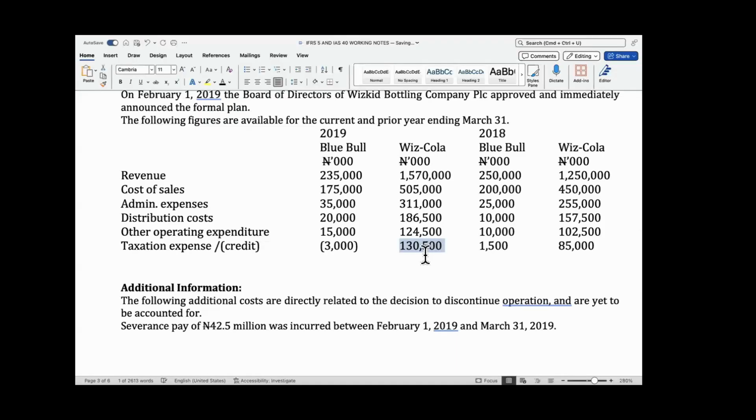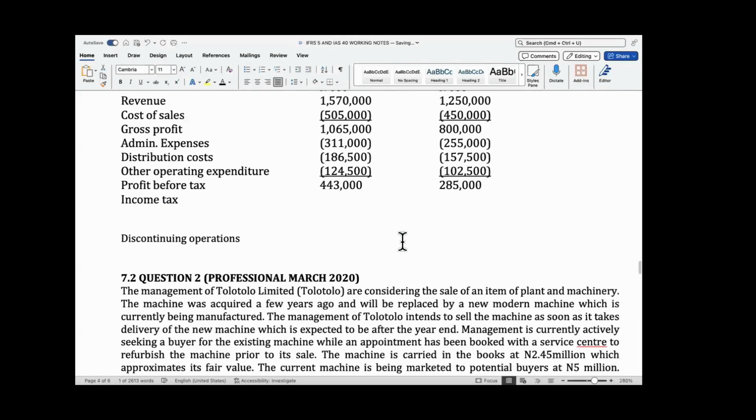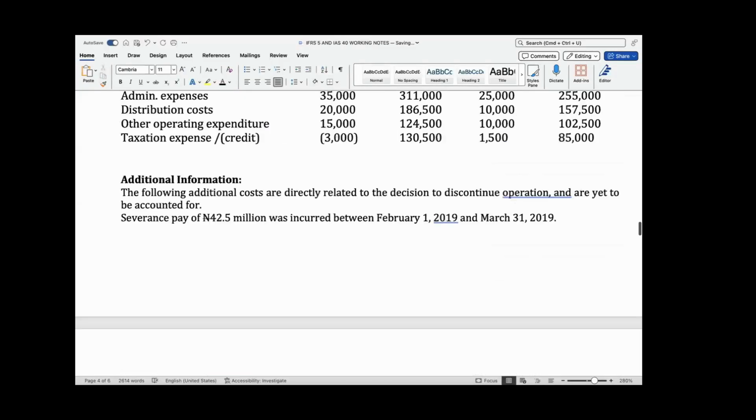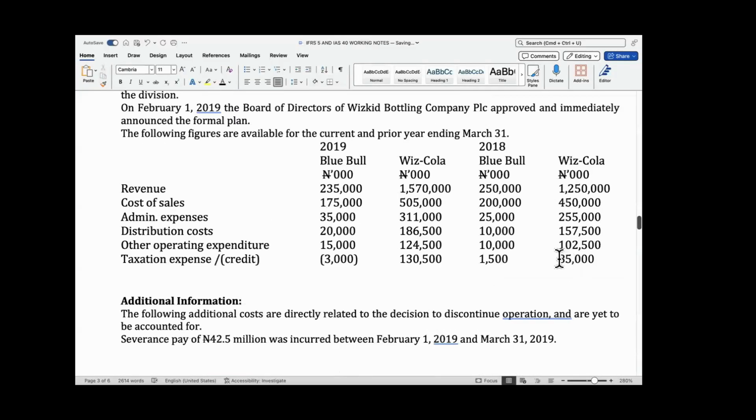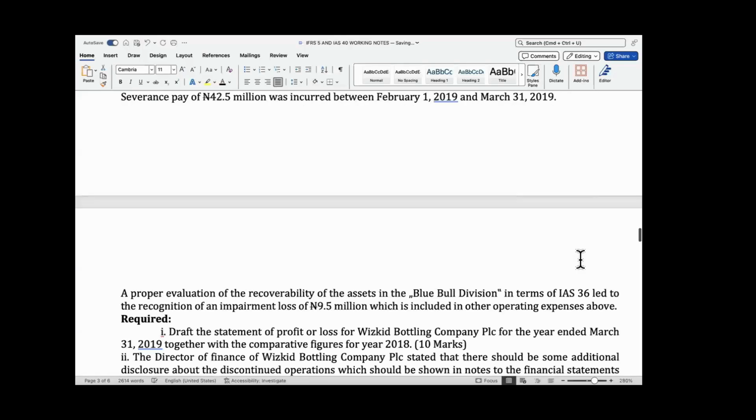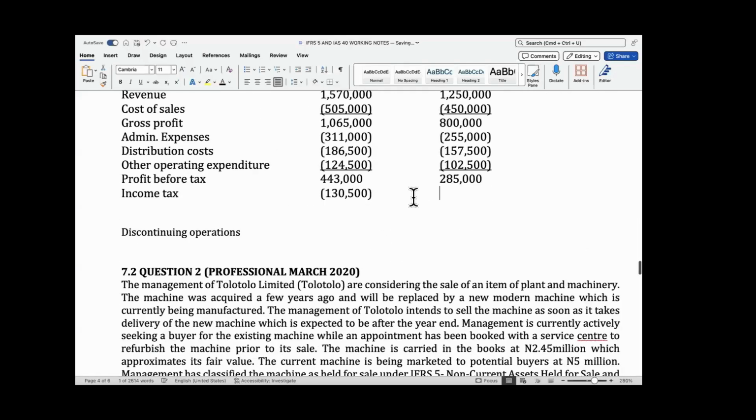Thank you. The income tax for 2019 is 130,500. And for 2018, that's 85,000.